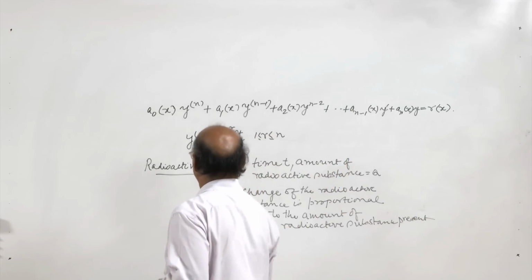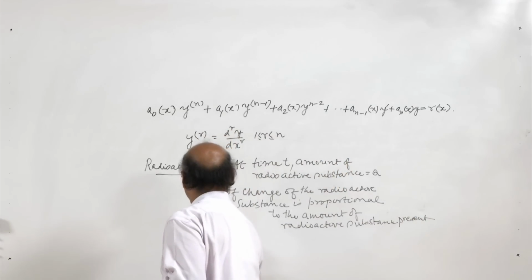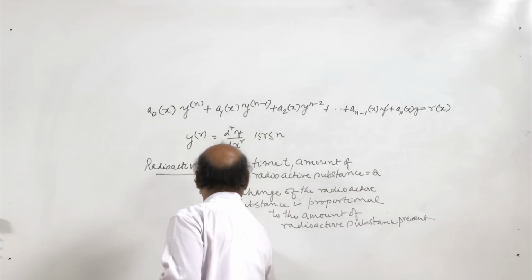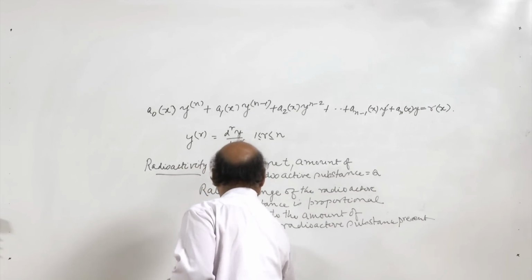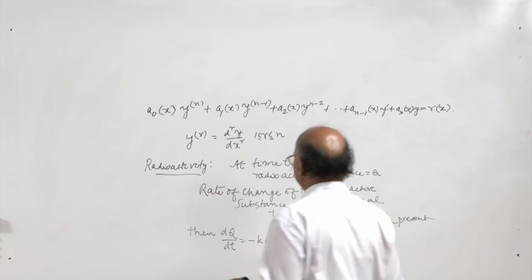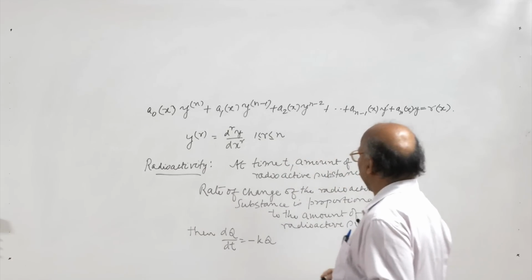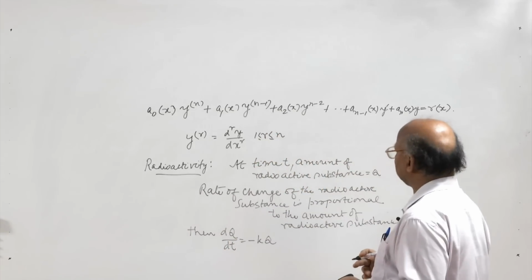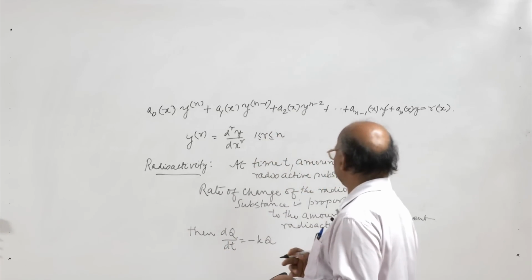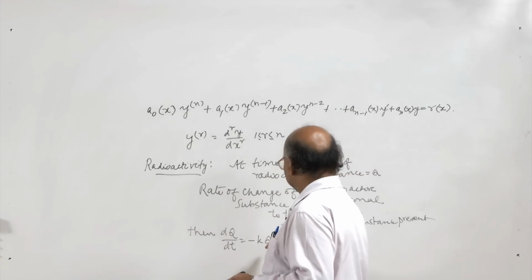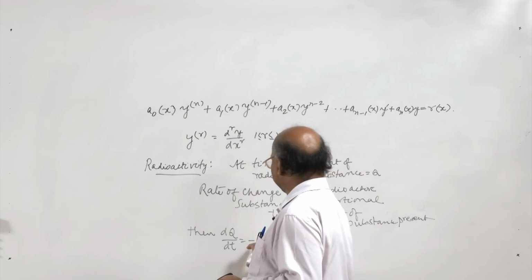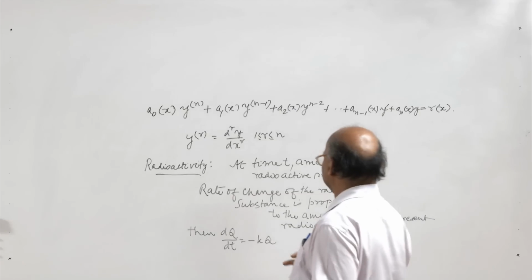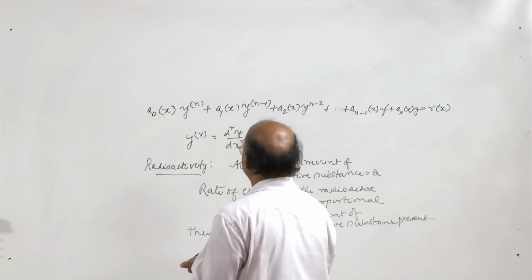Then we shall have the differential equation dQ/dt = -kQ, where k is a constant. dQ/dt represents the rate of change of the radioactive substance with time, and Q is the amount present. The negative sign is taken because as time t increases, Q decreases. So this is a first order differential equation.